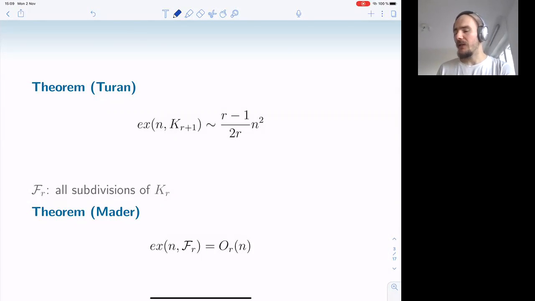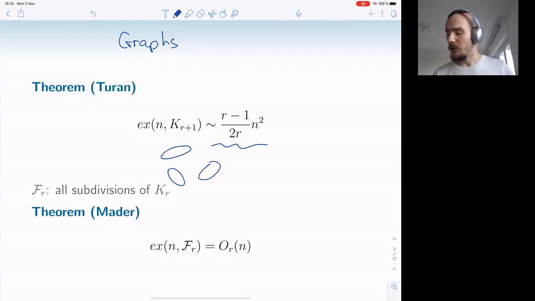The first theorem tells us that if we look at graphs with no complete graph on r+1 vertices, then the maximum number of edges that we can have is roughly this, which more precisely is the number of edges in the balanced complete r-partite graph. So you split your vertices like that, and then you do this thing. So this is the extremal example.